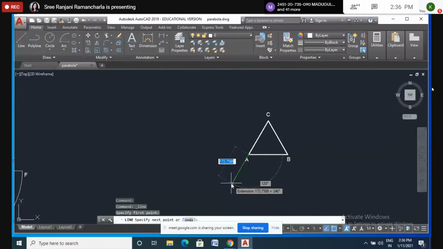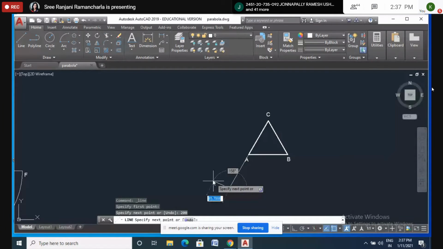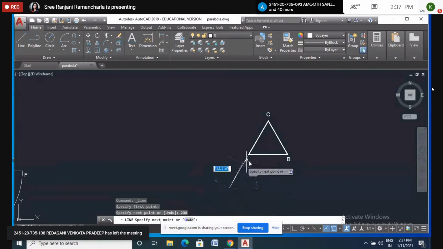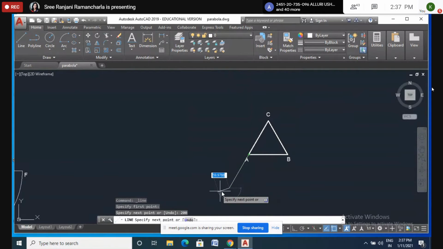The length of the line is now 200. We wanted 200, meaning 2 centimeters as per your scale. Again it's showing 120 degrees, which we already got.